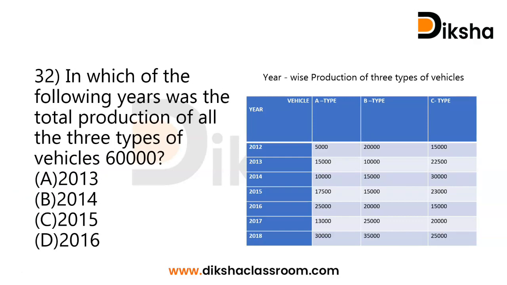In which of the following years was the total production of all the three types of vehicles 60,000? So the question is, in which year was the total production of all the vehicles 60,000? That's what you have to find. Direct addition.